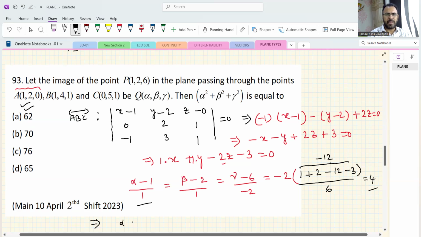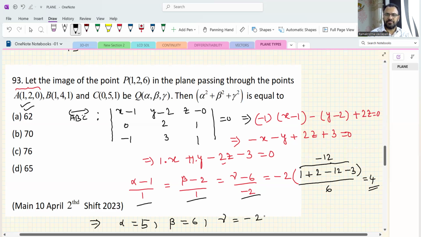You will get that alpha is equal to, just do the cross multiplication, alpha equal to, you will get 5. Okay, equate these two. You will get beta is equal to 6. And at last, equate these two. Gamma is equal to minus 8 plus 6, that is minus 2.